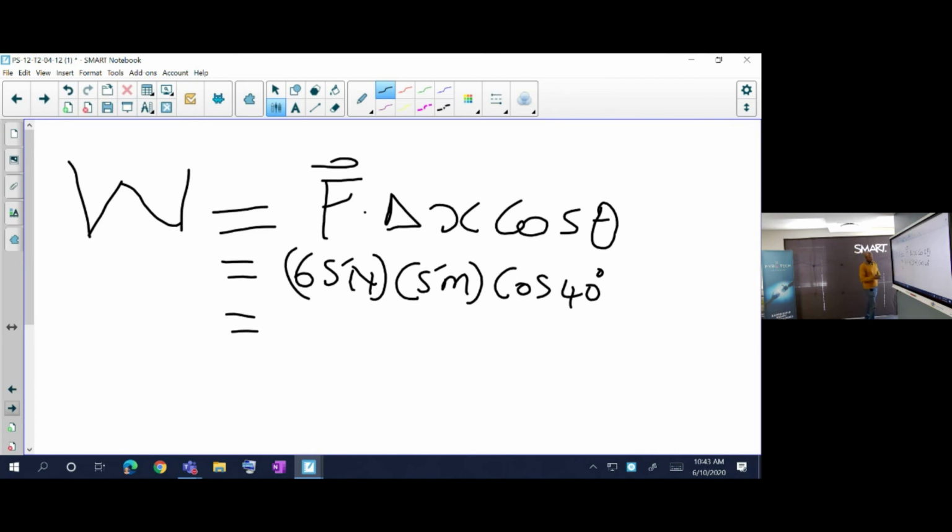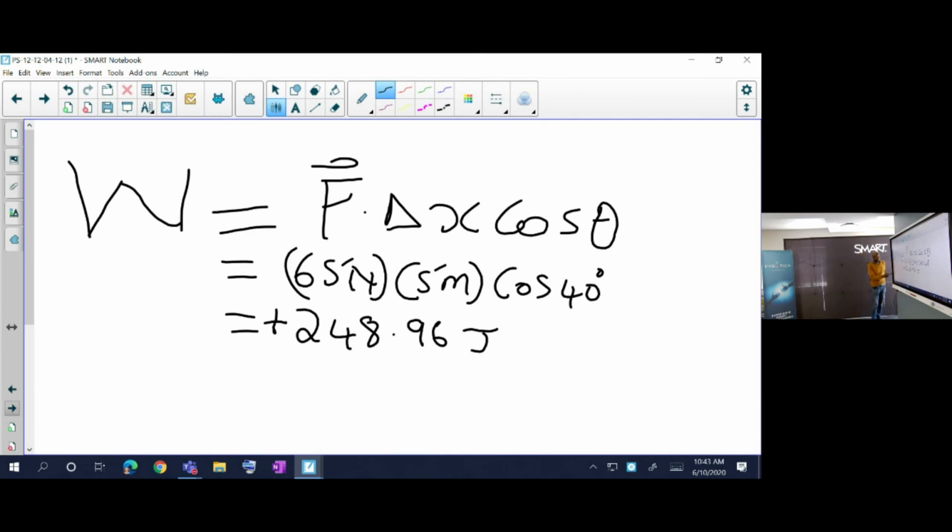If you can look at that, we're going to have 248.96 in joules. Now you have to ask yourself, is it positive or negative? Because of that angle, we know that it is positive.